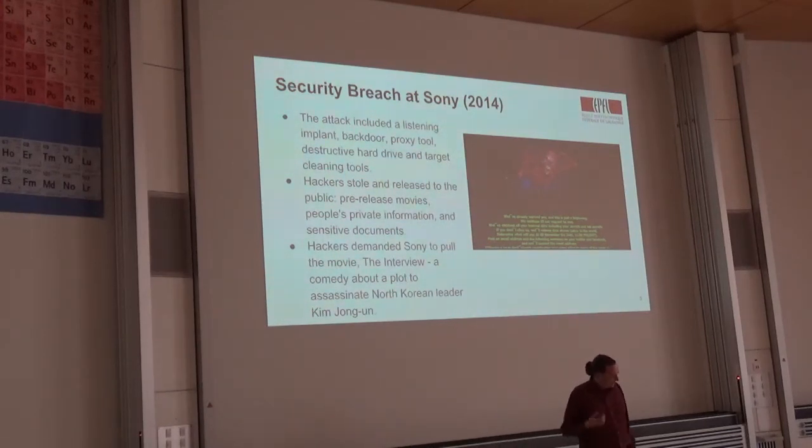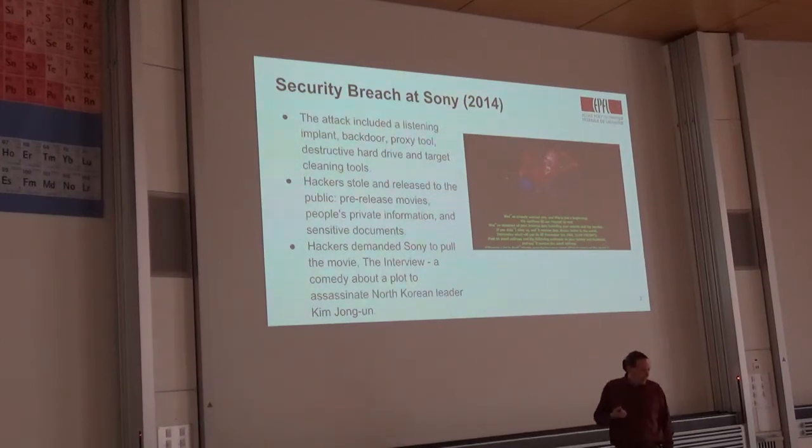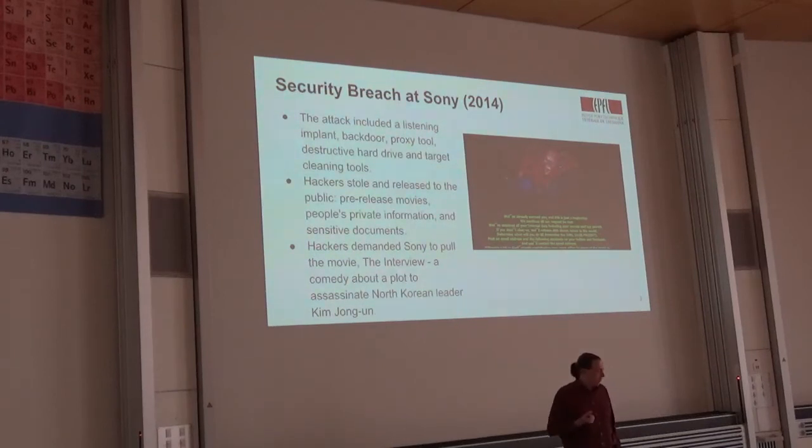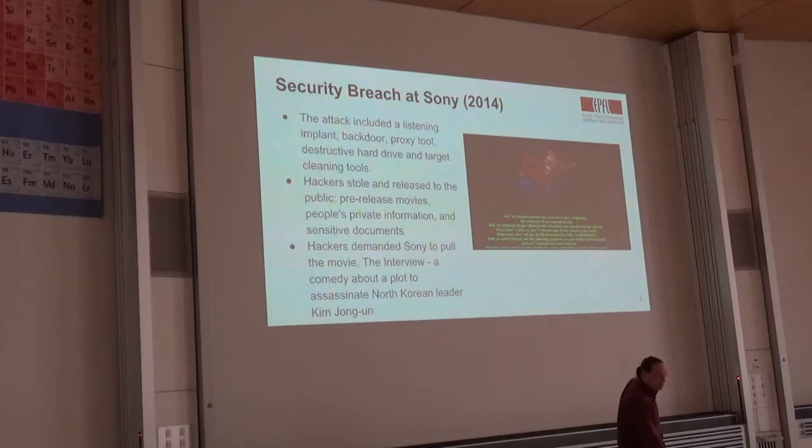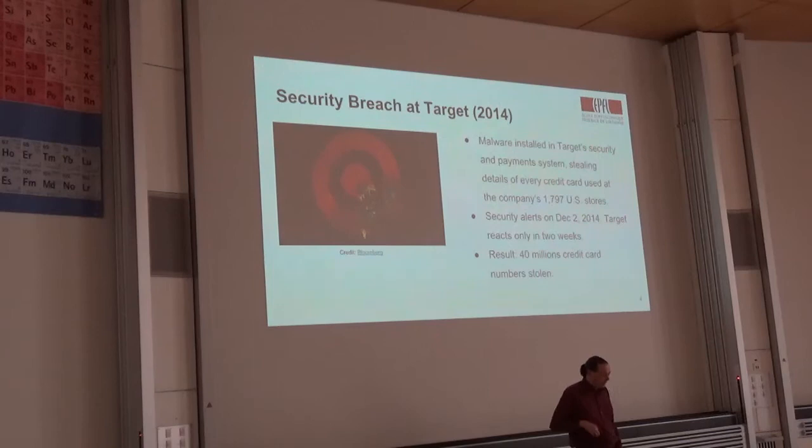This is a great example of a strong network level attack in which the attackers got into Sony's network, installed sophisticated backdoors and proxies to move laterally through the network and get a lot of different information across the network in different ways. And of course, they were apparently wanting to pressure Sony into not releasing this movie called The Interview, which of course did get released.